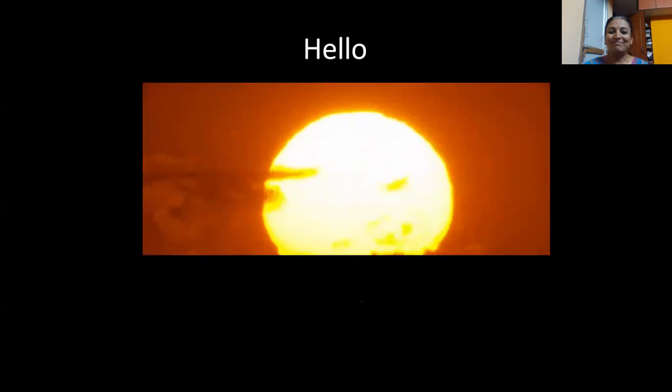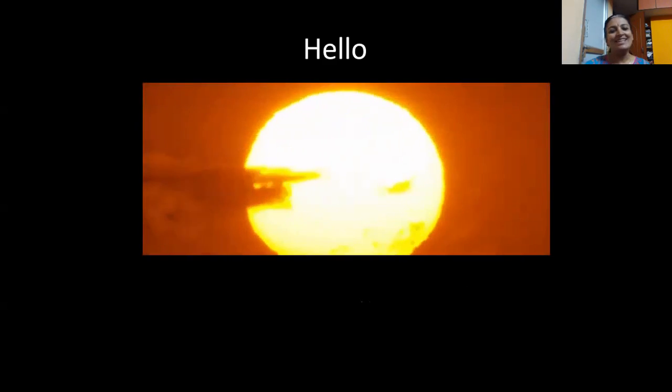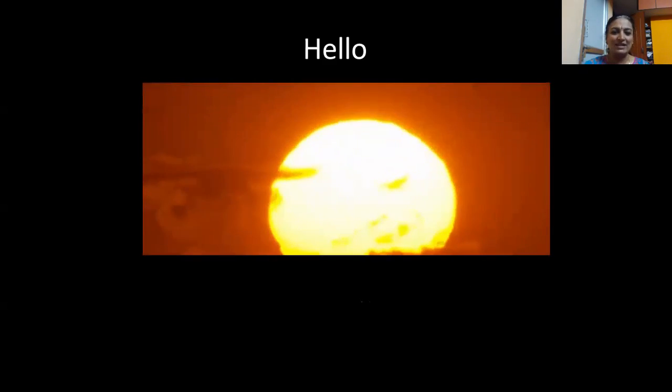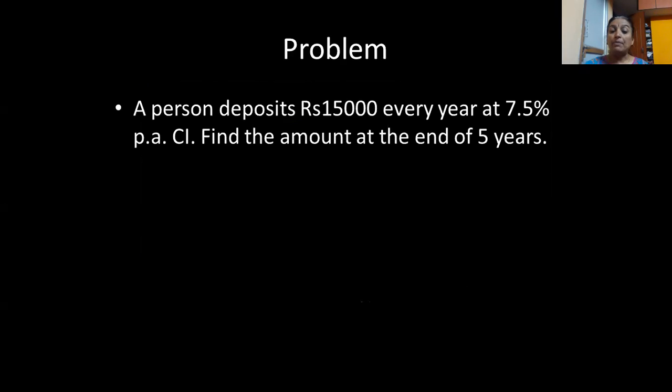Okay, friends, let us start to solve the problems, and let us first understand what is the problem. A person deposits 15,000 every year at 7.5% per annum compound interest. Find the amount at the end of 5 years. What is given in the problem?